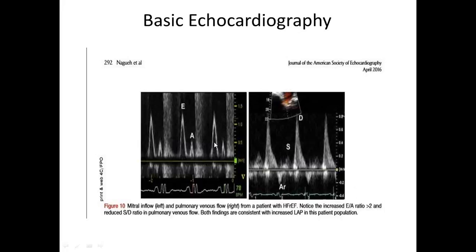It is a restrictive physiology, and this is what you expect: the E to A greater than 2, and a reduced systolic to diastolic ratio in the pulmonary venous flow. These findings are consistent with elevated left atrial pressure.